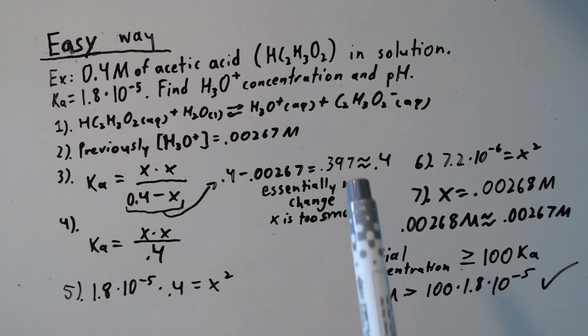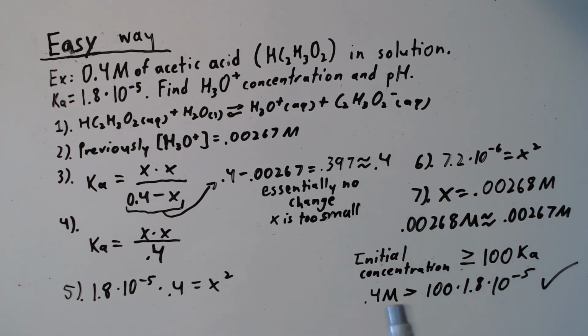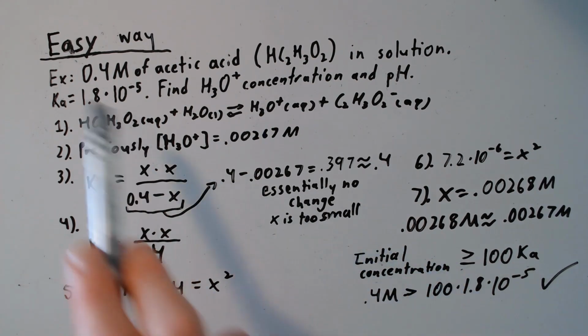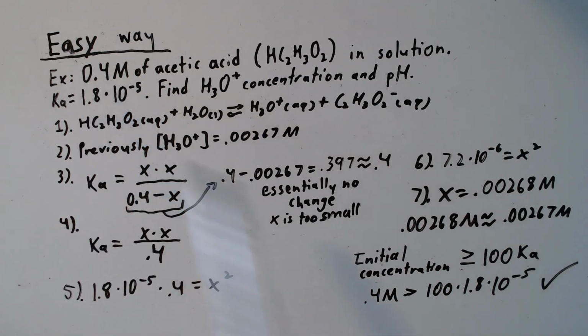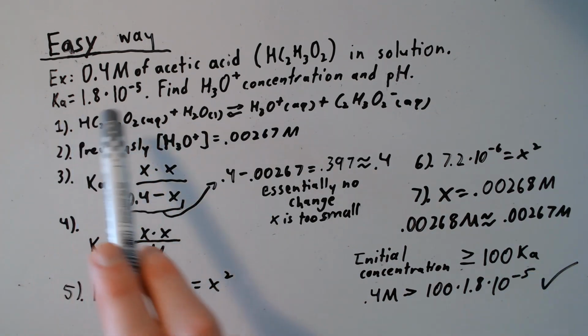But we cannot always use this approximation, unfortunately. We cannot always assume that this X is so small that we can ignore it. We can only use this when the initial concentration of this acid, this 0.4 molar right here, is equal to or greater than 100 times the Ka, this 1.8 times 10 to the negative fifth.